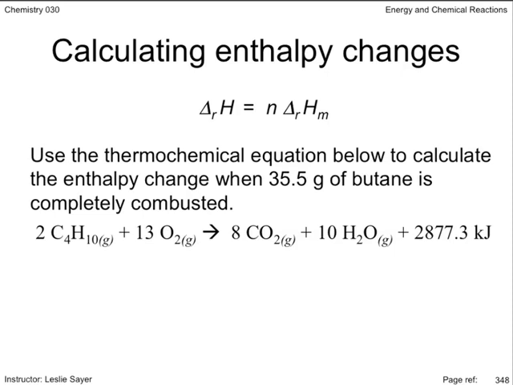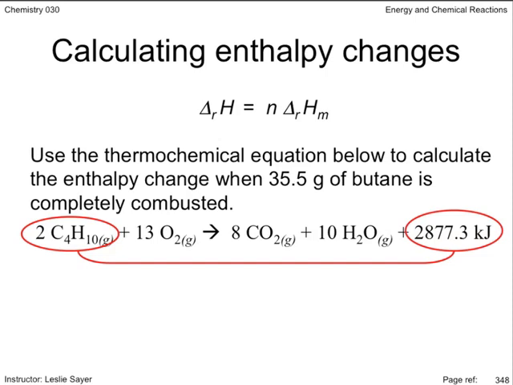So is that not the answer? No, since negative 2,877.3 kilojoules is the enthalpy change associated with 2 moles of butane, and not the 35.5 grams as the question is asking.